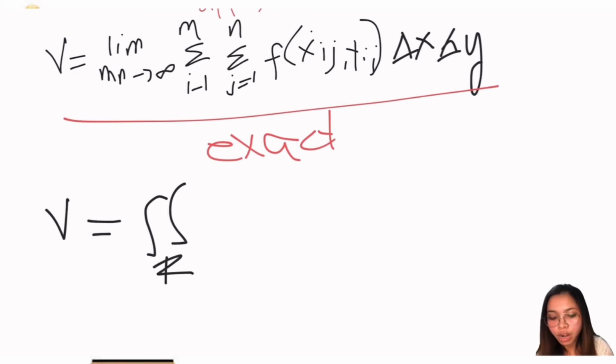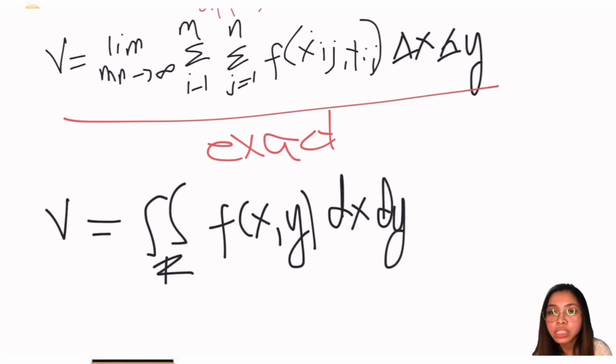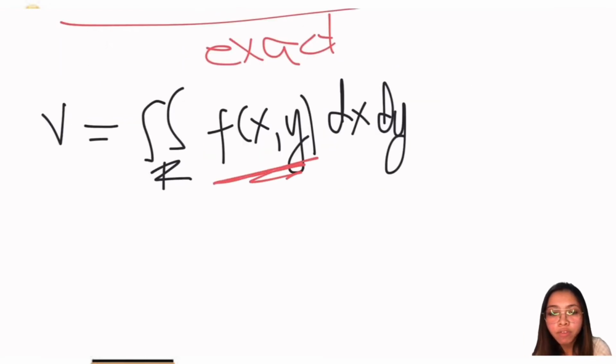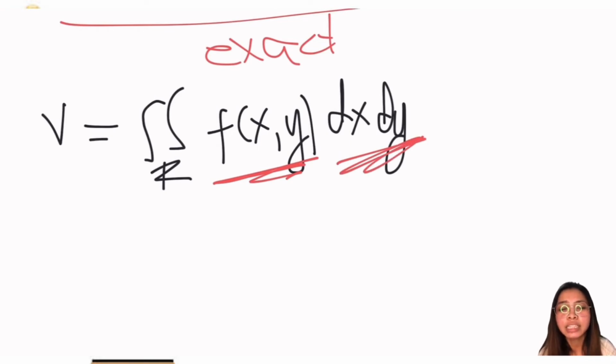Double integral over the region, where f of x, y is a function at an arbitrary point with two variables. Now every time delta x and delta y go to 0, we will have dx dy.